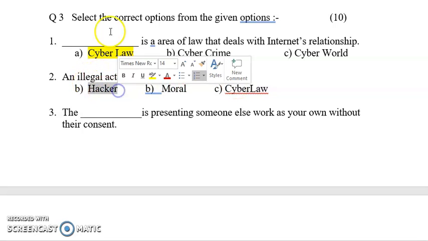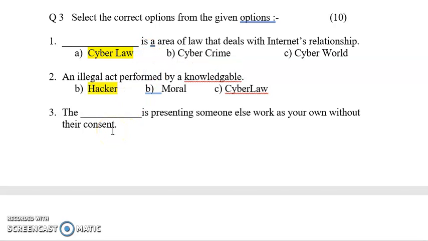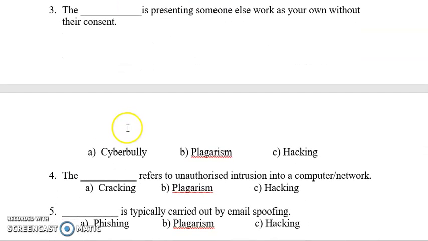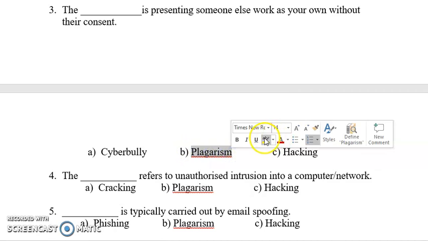So that is a hacker. It is a hacker who already has knowledge of the internet, the languages, the softwares, operating system. So he is doing such type of activity and he is called a hacker. The dash is presenting someone else's work as your own work without his consent. So that is plagiarism.